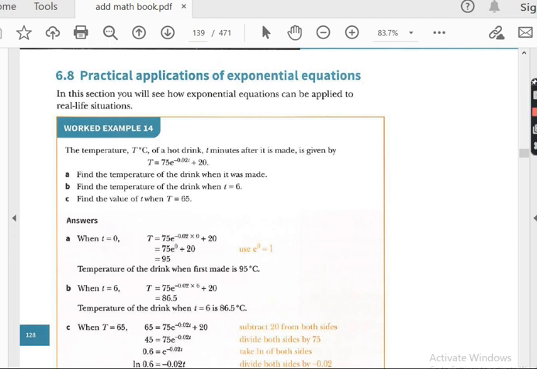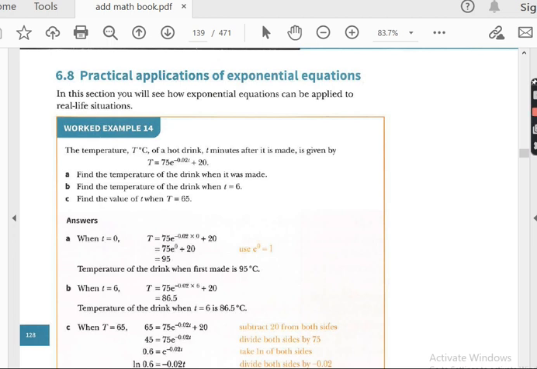I have already done many exercises from this chapter, but due to their request, and I respect all students, I am going to start exercise 6.8.